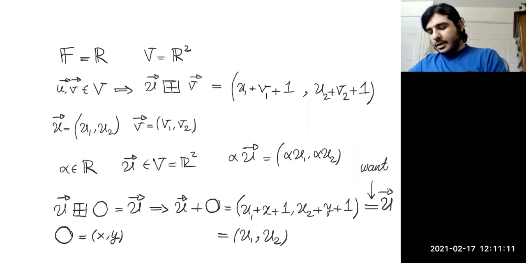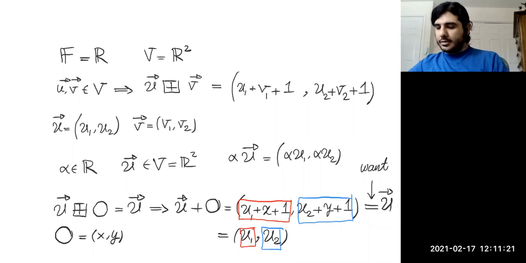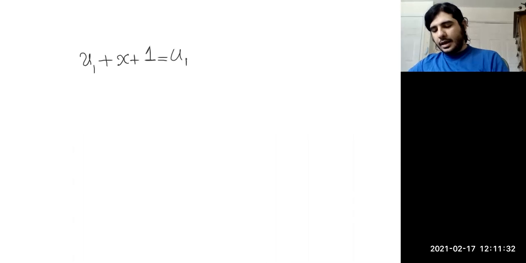That means U1 plus X plus 1 should be equal to U1, and U2 plus Y plus 1 should be equal to U2, correct?